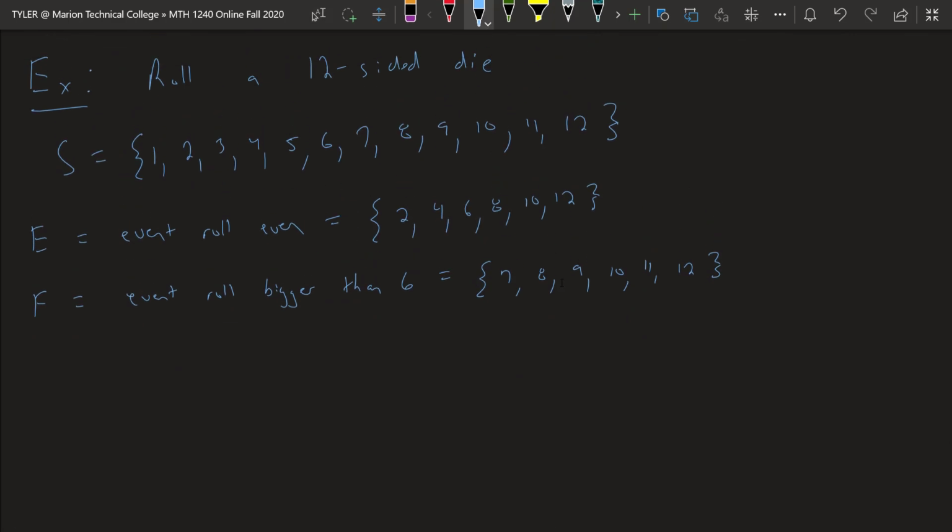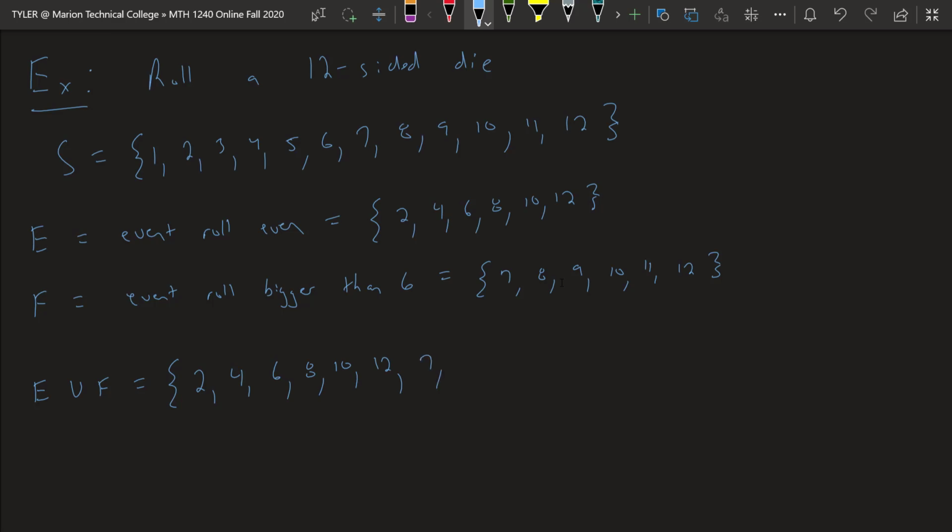So if I looked at E union F, what I'm looking for is what elements are in E or F, right? So you could list everything in E, and then see what's new. A 7 would be new.